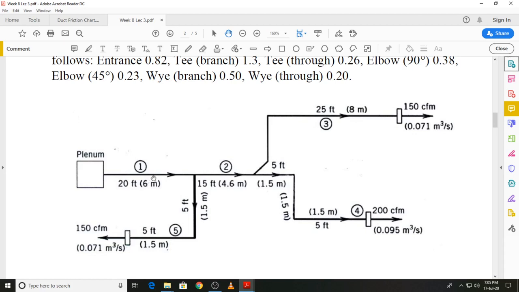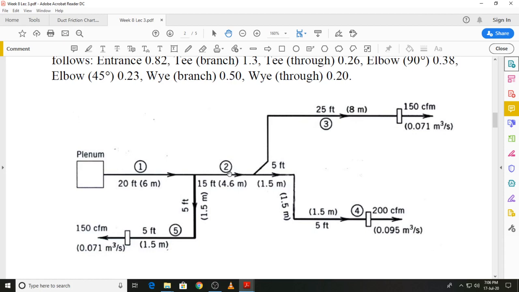For example, if you move to run 1 2 3, the pressure drops for segment 1 will simply be the same as we had got previously, when we went through run 1 5. Similarly, when we have done run 1 2 3 and we want to go to run 1 2 4, the segments 1 and 2 are common to both, and those values which you have already calculated will simply be inserted as they are to calculate the pressure drop in run 1 2 4.